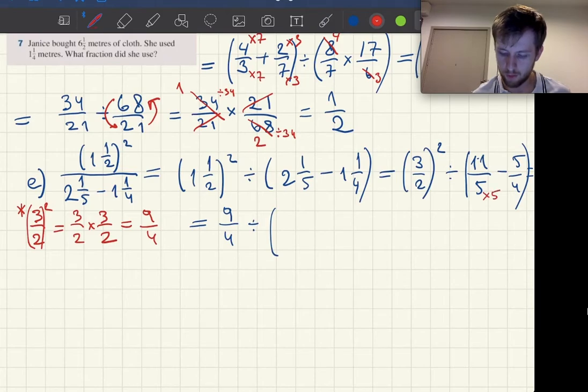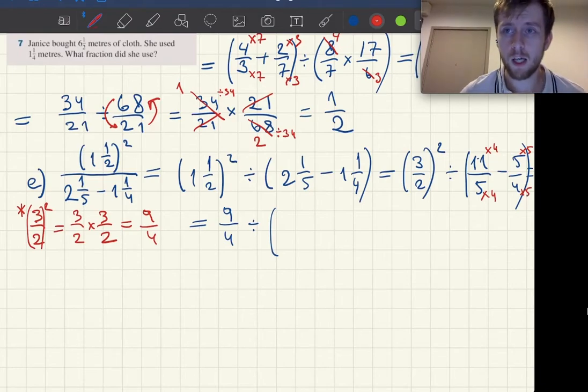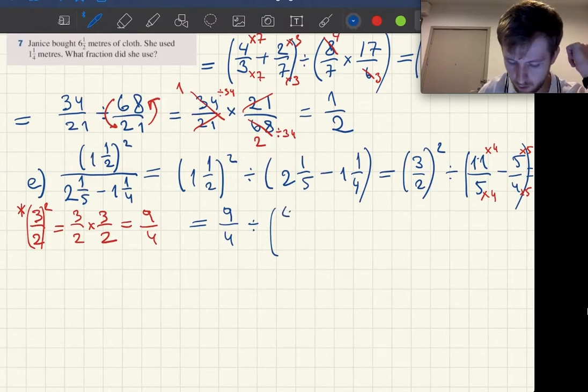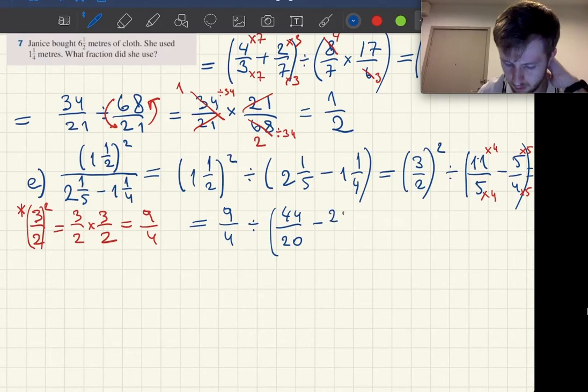So here we multiply by 4, here we multiply by 5, like this. And so what do we get? We get 44 over 20 minus 25 over 20, like this.